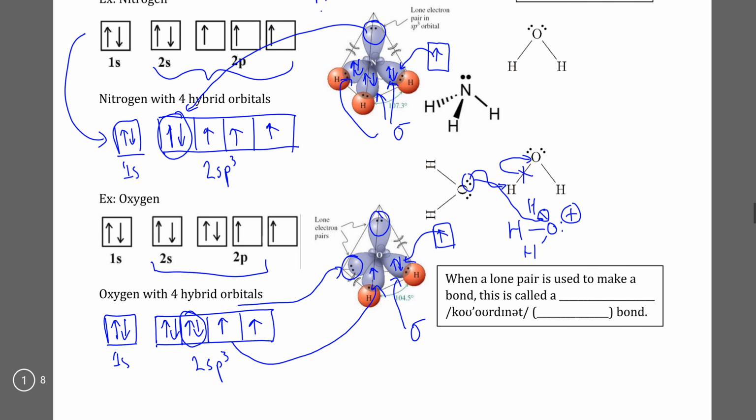So this is still a sigma bond, but this sigma bond is a little bit different because of the origin of the 2 electrons, and for that reason, this bond here is what we call a coordinate bond. Again, distinguishing it from a sigma bond because the 2 electrons came from 1 element rather than from unpaired electrons from 2 elements.